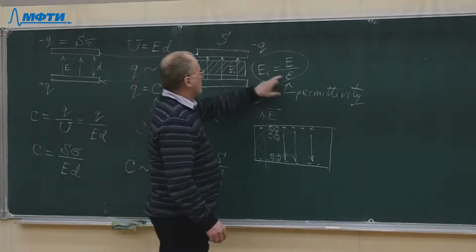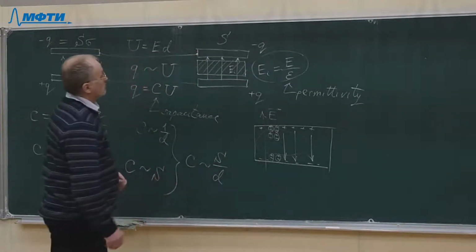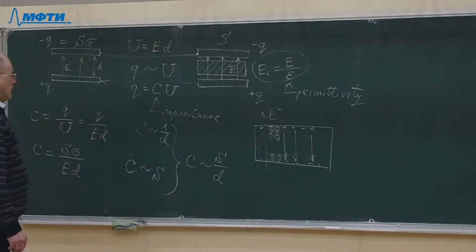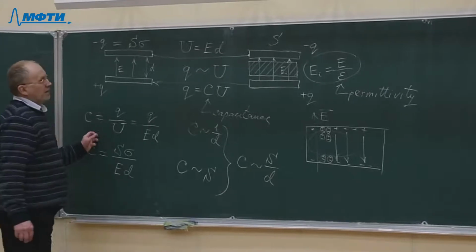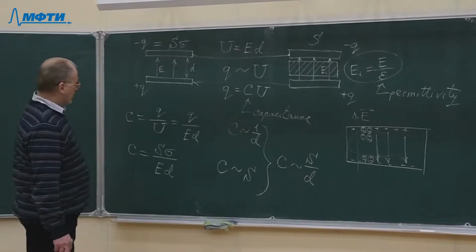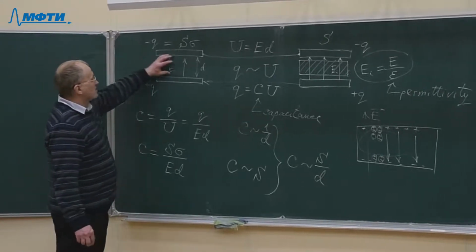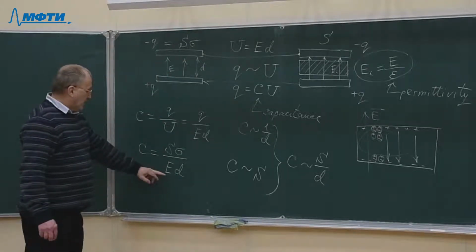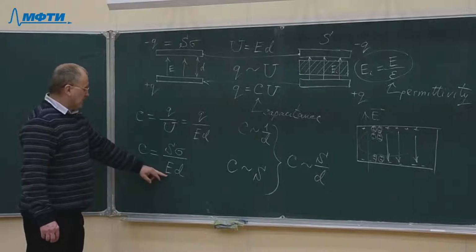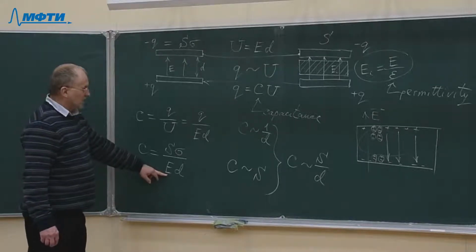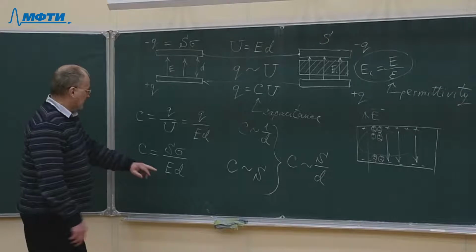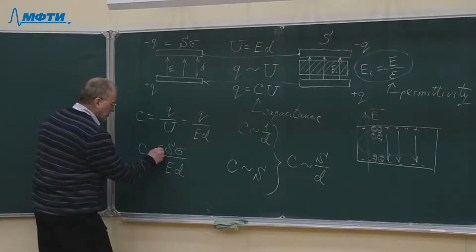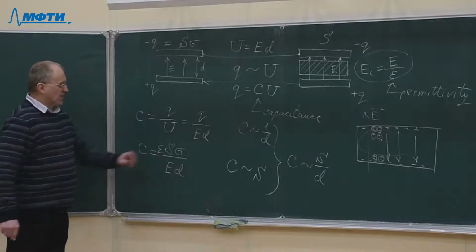So if we take into account this property of dielectrics, which can easily be understood if we consider the molecular structure of the substance, then if a dielectric substance is inserted between the capacitor plates, the field inside the dielectric will become smaller by epsilon times, and therefore the capacitance will become larger by the same coefficient epsilon.